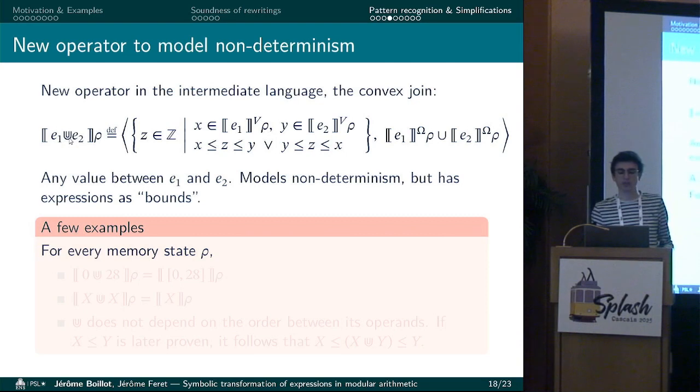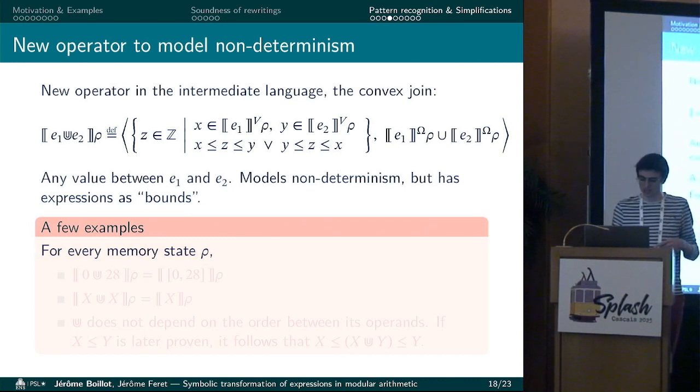E1 convex join E2 is just any value between E1 and E2, and the errors are the errors of E1 and the errors of E2. It models non-determinism, but it has expressions as bounds. Why bounds like this? Because there is no order between those bounds. So 0 convex join 28 is the same as 28 convex join 0.